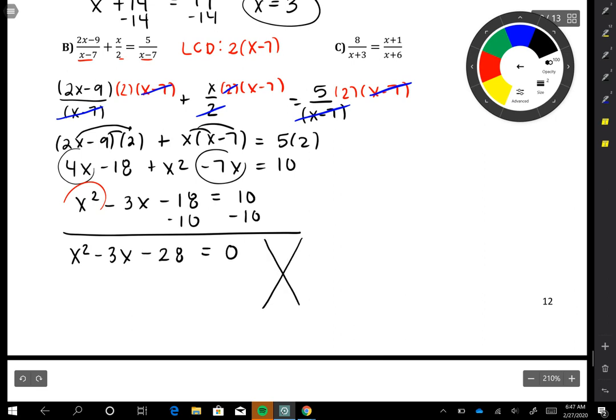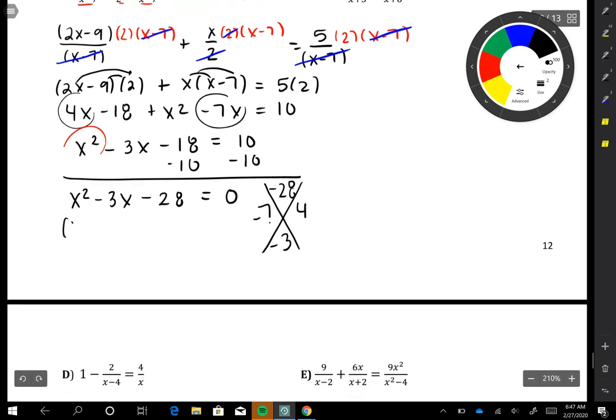I'm going to factor what multiplies to negative 28 and has a difference of negative 3. That would be a negative 7 and a positive 4. So I have the factors x minus 7 times x plus 4, which give us the potential solutions of positive 7 and negative 4.